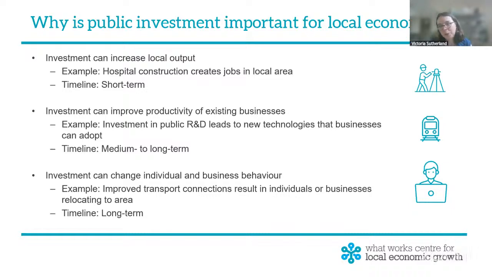Improved transport infrastructure potentially leads to more businesses locating. That then pulls in more residents. Those residents likely spend money, so that creates additional jobs through multiplier effects and through supply chains, etc. So these are the three different ways in which public investment can impact on local economies.